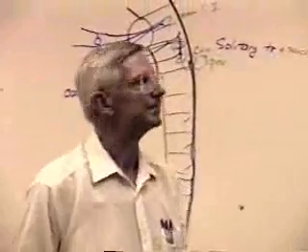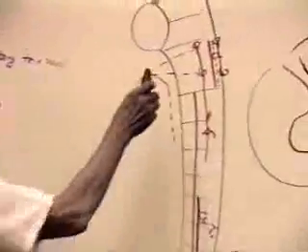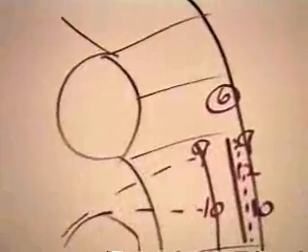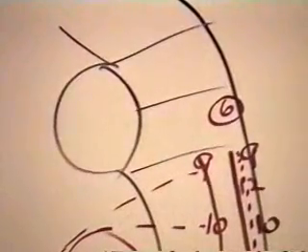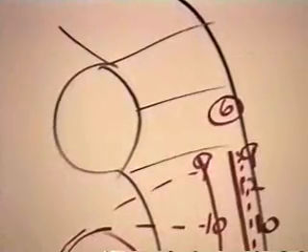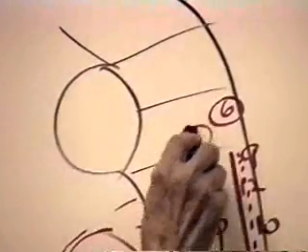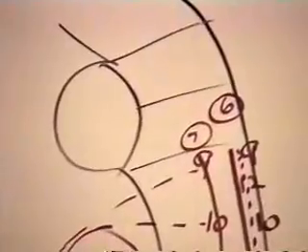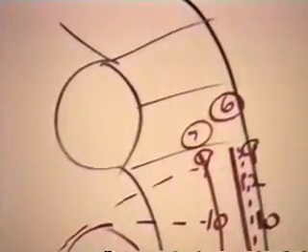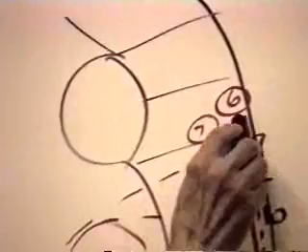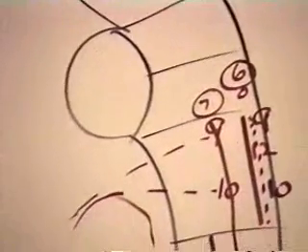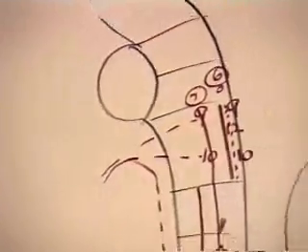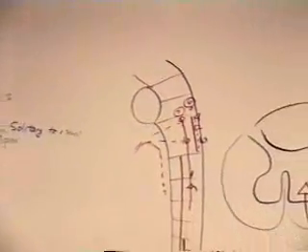Next segment up has a medial group, 6th, a lateral group, 7th, and a dorsolateral group, autonomic preganglionics for tears and salivation.